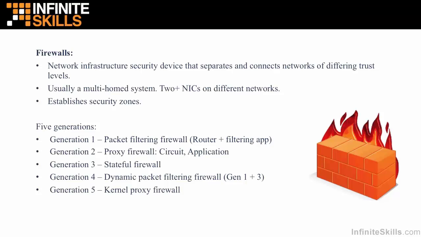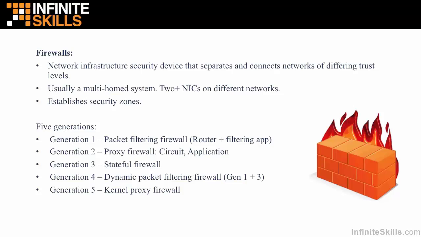But then on the inside, it might be a little softer and chewier because this is the trusted environment on the inside. So the firewall will typically have a public interface that is the hardened interface that has a default deny all rule built into it. And then it has a more gentle interface, the private interface, that points towards the trusted networking environment.